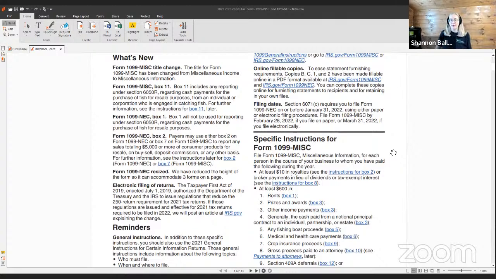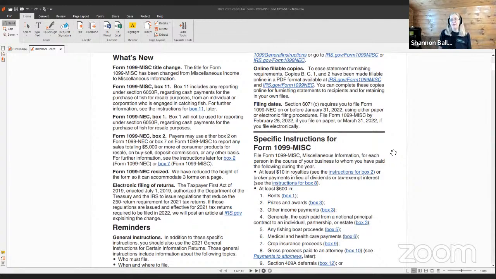So in order to simplify things, they separated the non-employee compensation onto its own form and kept the rest on the 1099 miscellaneous. And so now each form has its own due date.